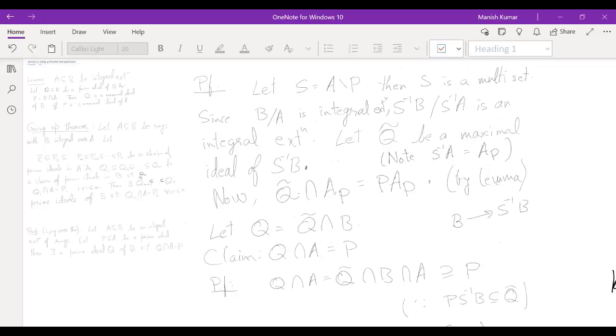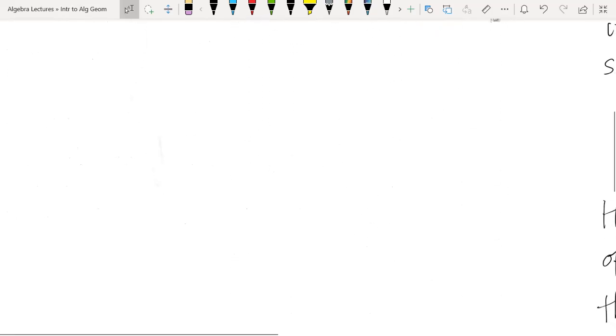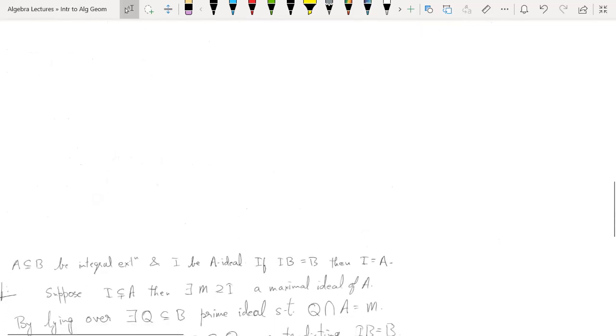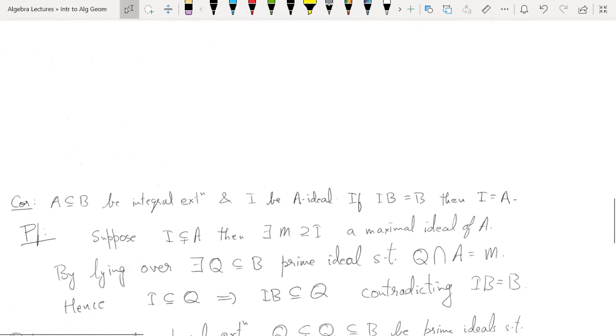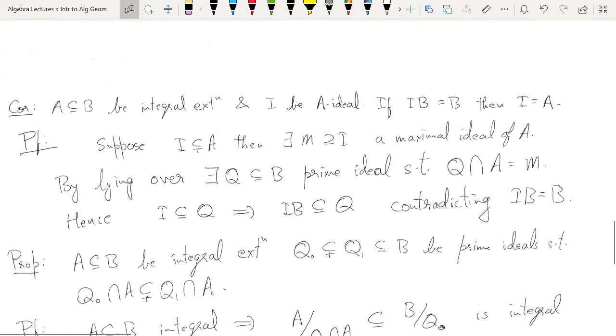So finally, as I said, I want to relate it to the dimension of the ring, which we defined last time. So maybe we'll see some corollaries before getting to the dimension.